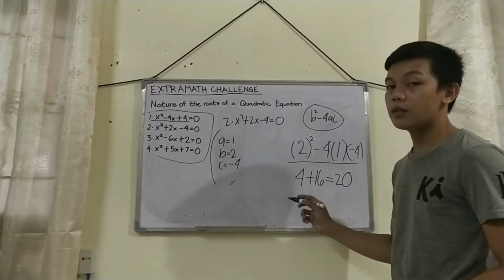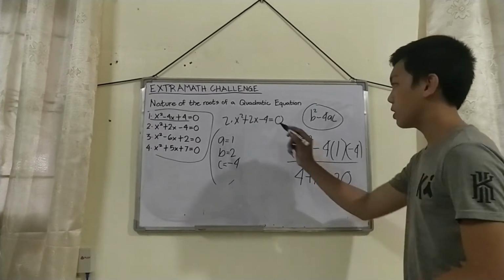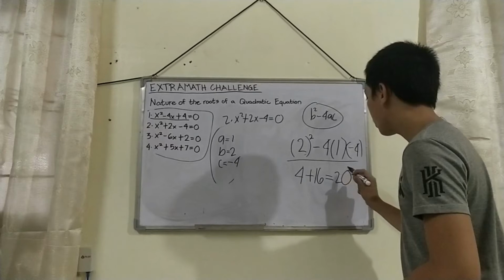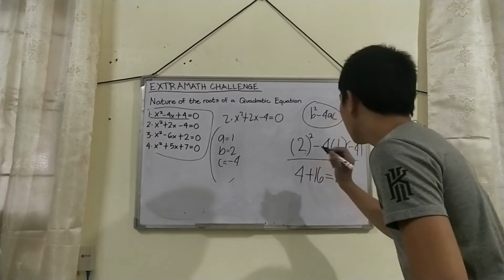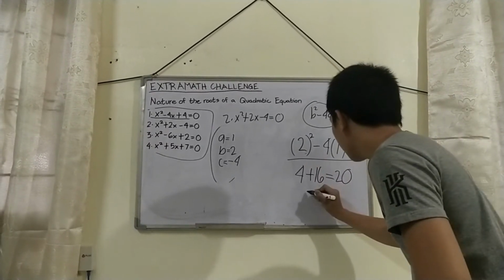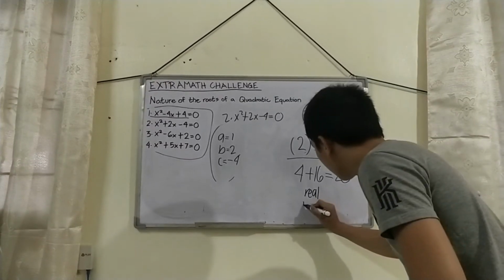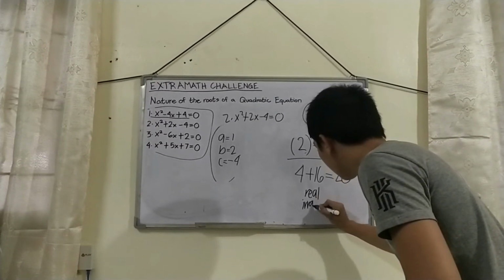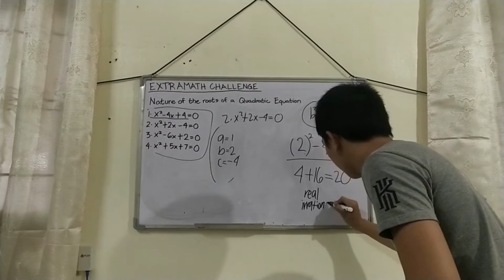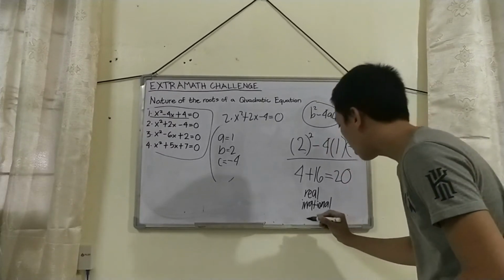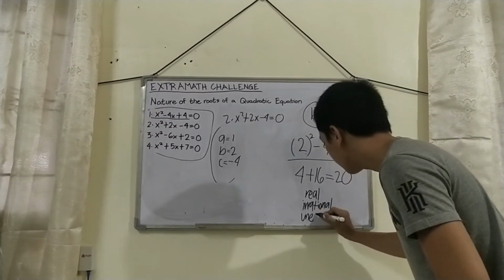Now that we have identified the discriminant of this equation, we're going to identify the nature of the roots. So it is real, rational, and unequal.